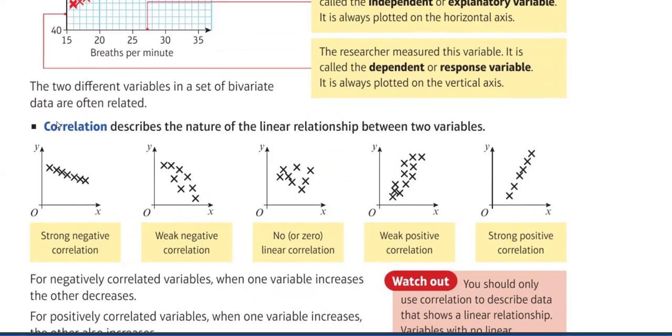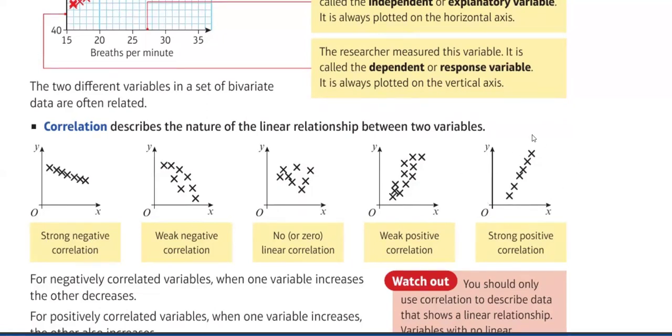In this graph, you can see x-axis data increasing, but y-axis data going down, decreasing. Therefore, we call it negative correlation. This we can see clearly negative. Therefore, we can call this strong negative correlation.